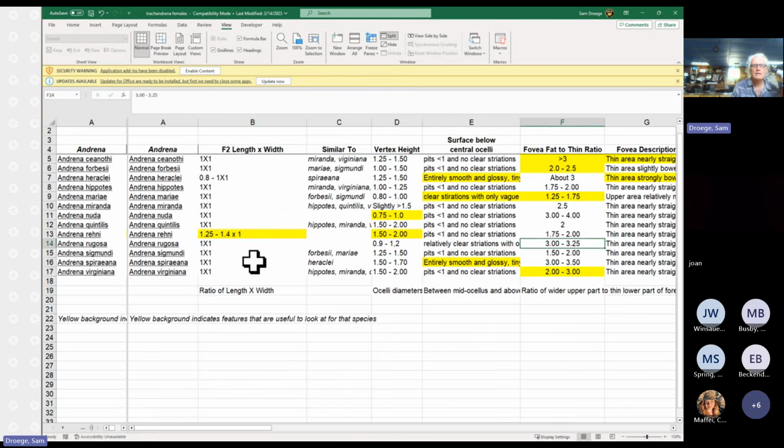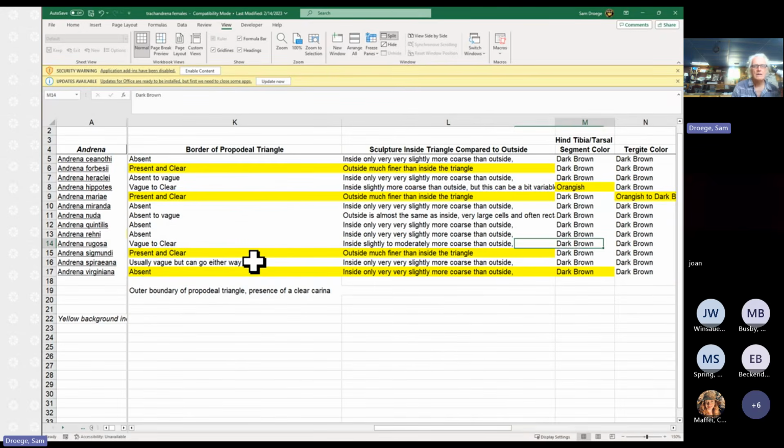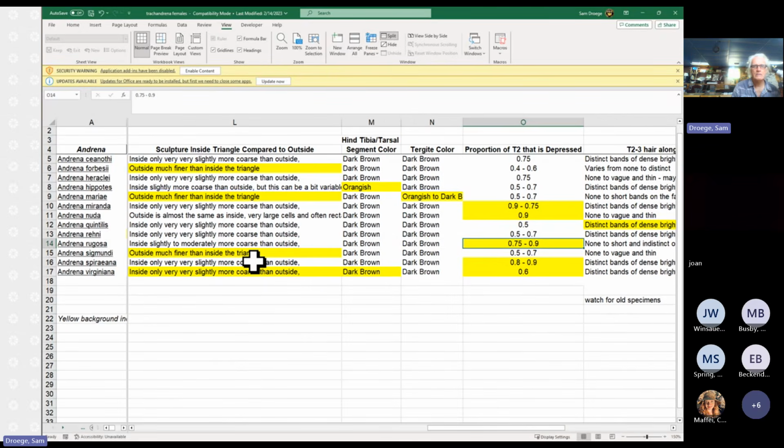Okay, so here, if we just keep going and we go back here, scutum pitting highlighted basically overlapping, so zero to overlapping, like no spacing whatsoever. We go here, P2, 0.75 to 9, so pretty long, depressed area.